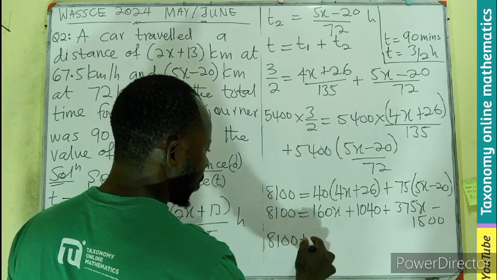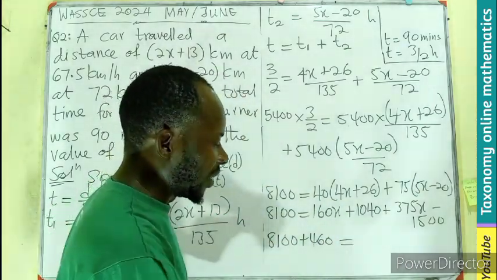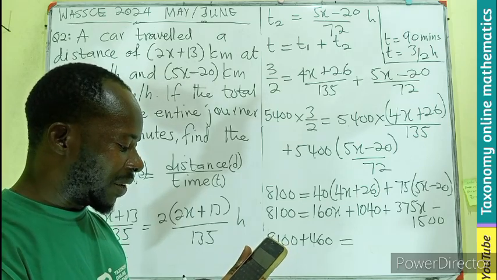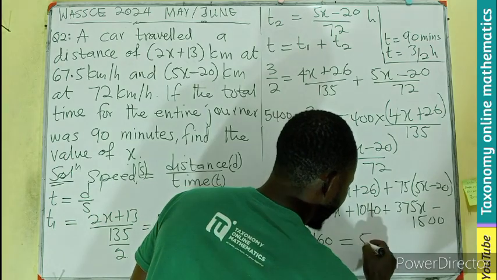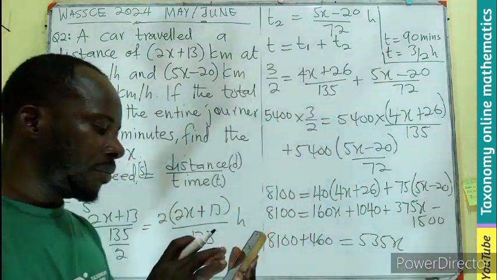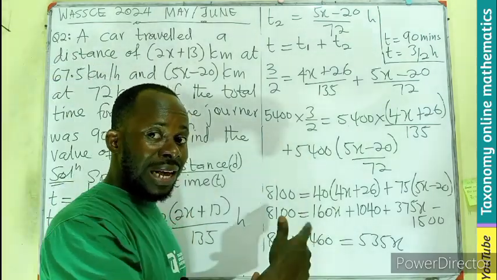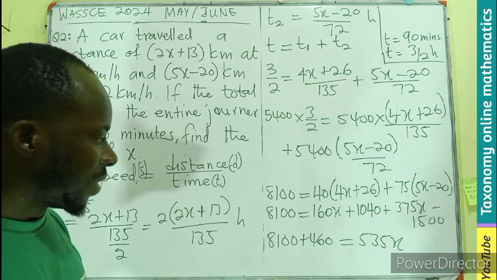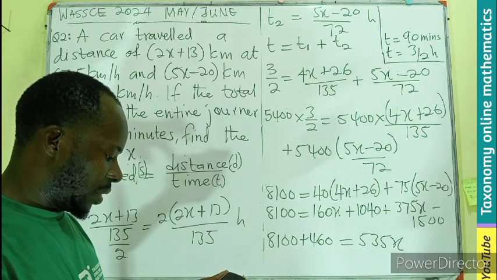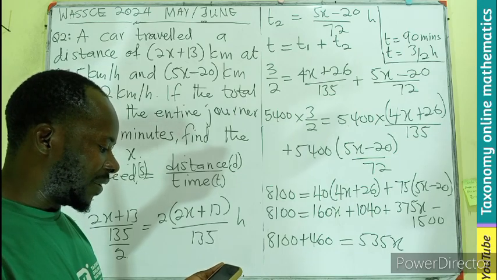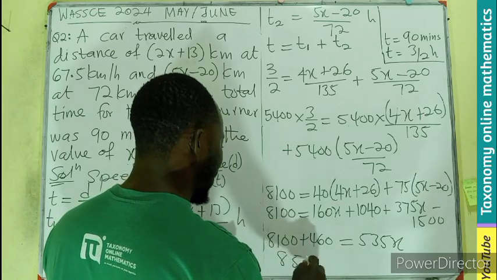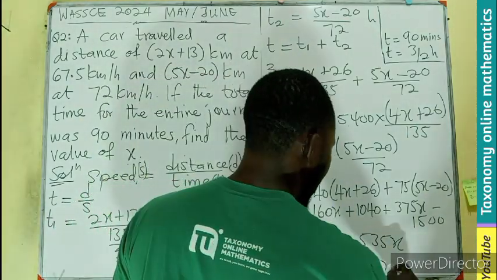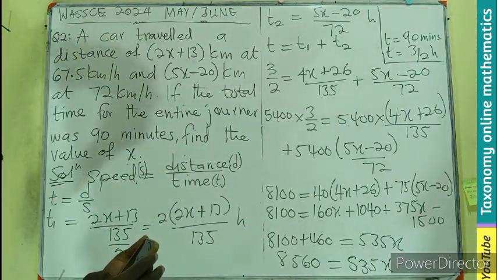So 8,100 plus 460 equals 160x plus 375x, which gives 535x. Adding 8,100 and 460 gives 8,560 equals 535x.